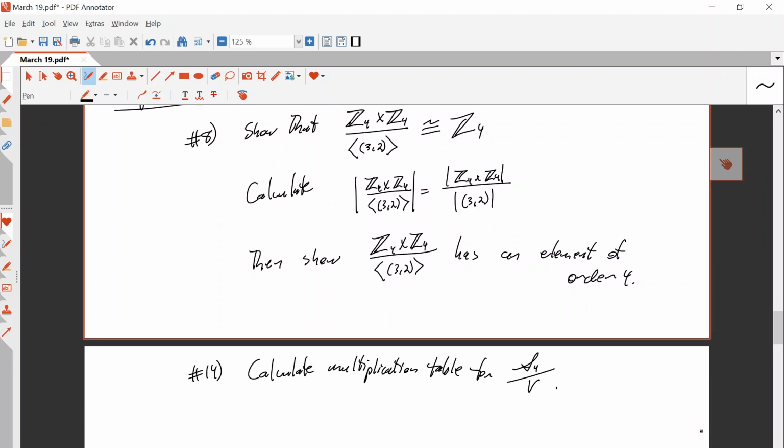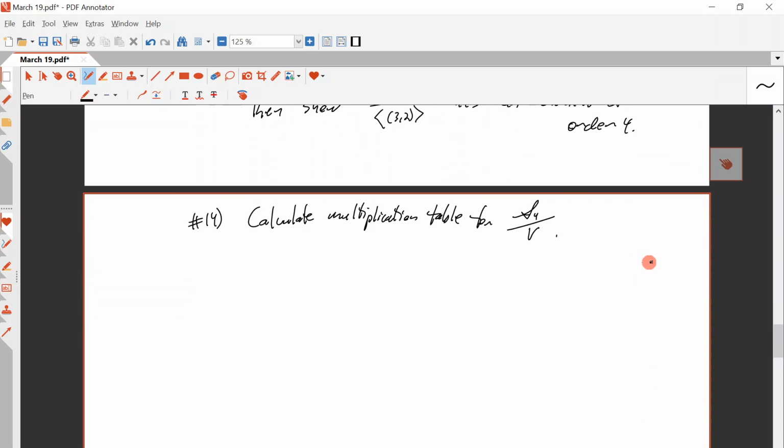Keep in mind that there are only 2 groups of order 6: S3, the symmetries of the triangle, and Z6, the cyclic group of order 6. That will help you construct that table. You're going to have to get something isomorphic to one of those 2 groups.